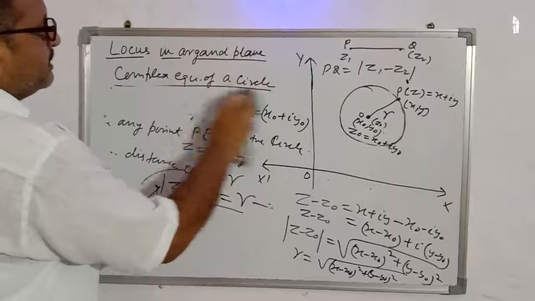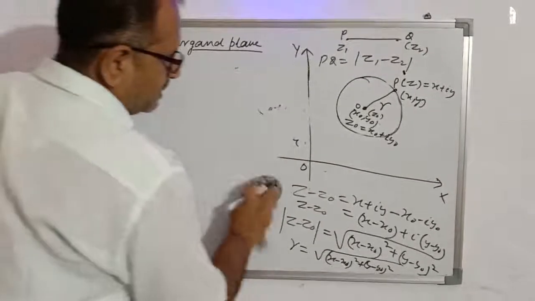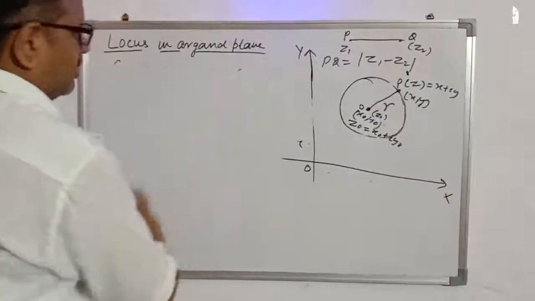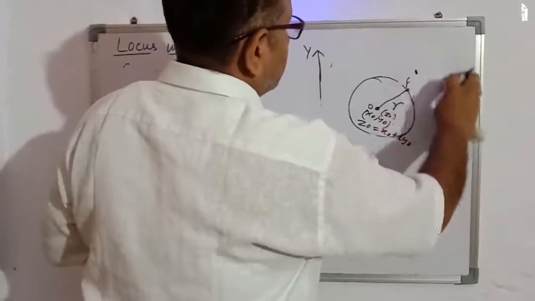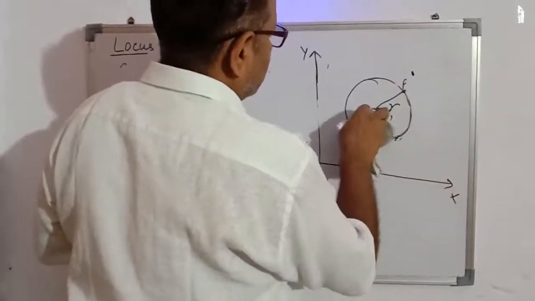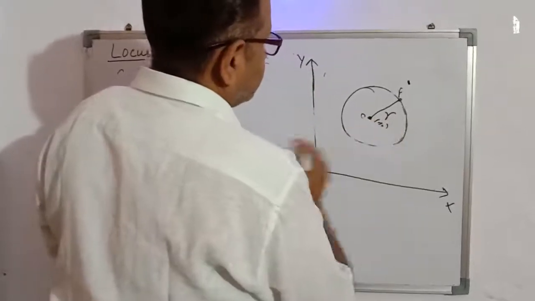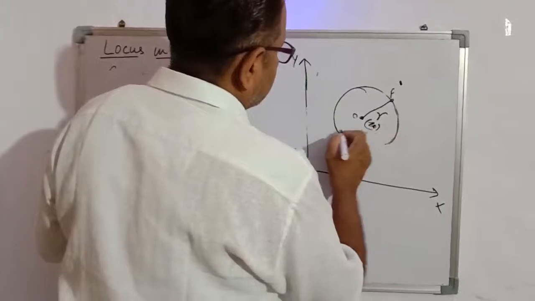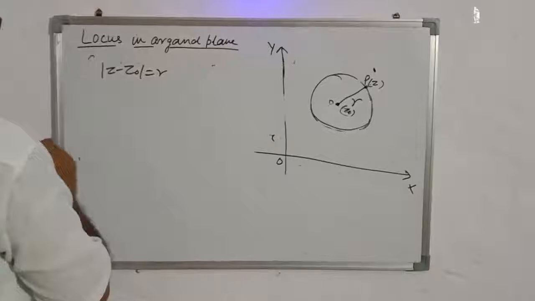See the next point. Mod z minus z0 is equal to r.